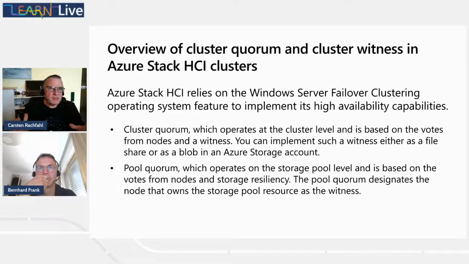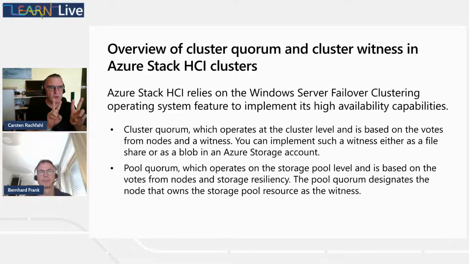A better example is, let's imagine the network connection between the 4 nodes is not working. So these 2 are running. They only see their 2 votes, but not the other 2. So 2 of 4 votes. And the others are also running. They also see 2 of 4 votes.